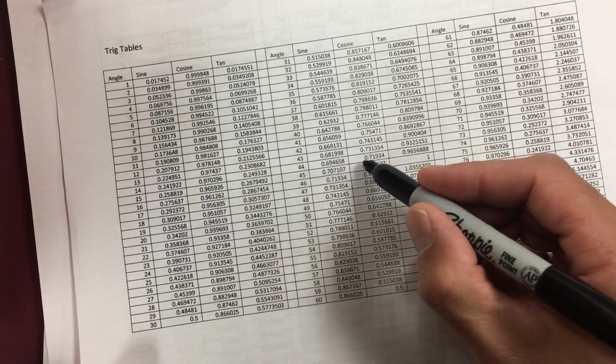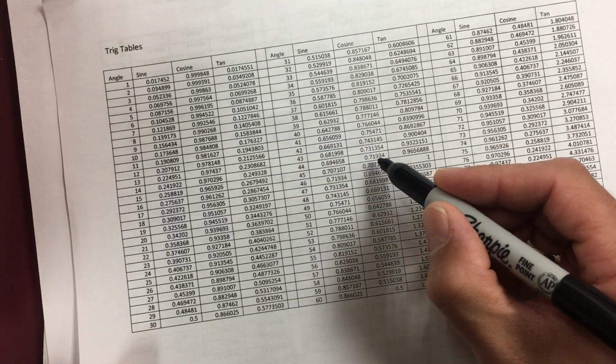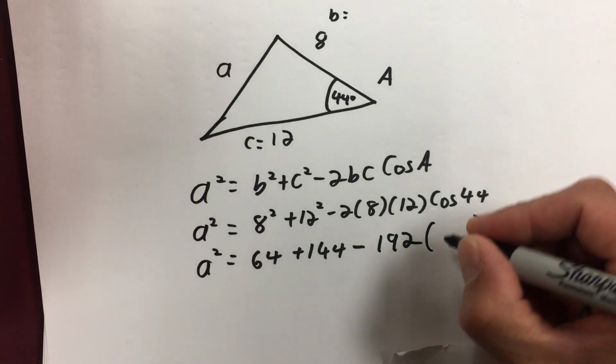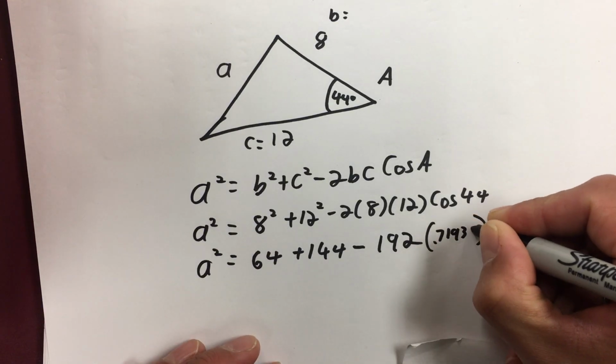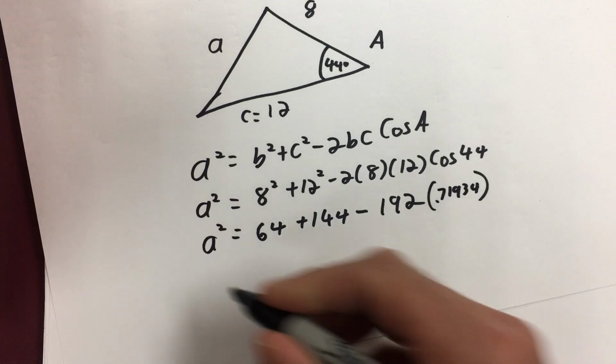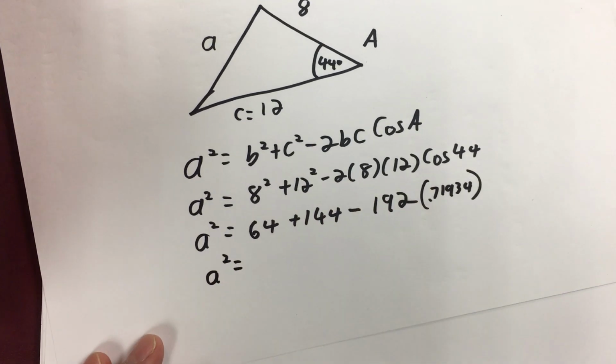Now the cosine of 44 is 0.7194. So A squared is equal to 64 plus 144 minus 192 multiplied by 0.7194.